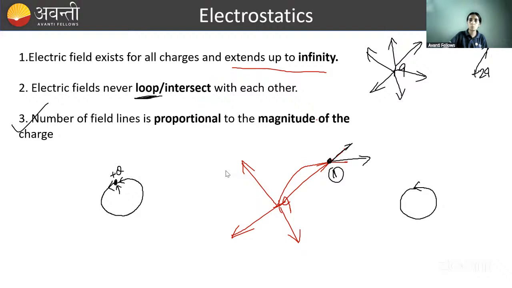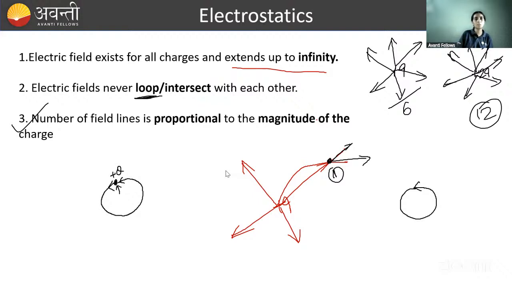Means there will be more field lines. ठीक है. और इनफैक्ट यहाँ पे इससे डबल फील्ड लाइंस हो जाएंगे. अगर यहाँ 6 है तो यहाँ पे 12 होंगे. ठीक है. So number of field lines is proportional to the magnitude of the charge.